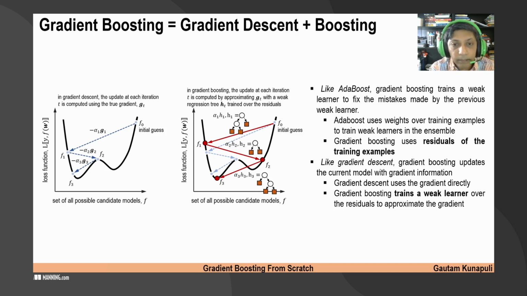So the key then is that instead of explicitly computing these gradients, we are going to be training weak learners, because that is what boosting does, to capture the mistakes that the current estimate makes, and then go ahead and fix them by using the residuals as a means of understanding how far off we are and how much we need to adjust our current model.